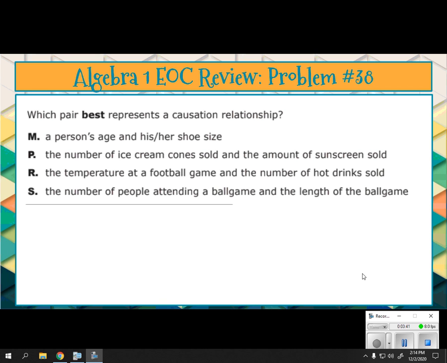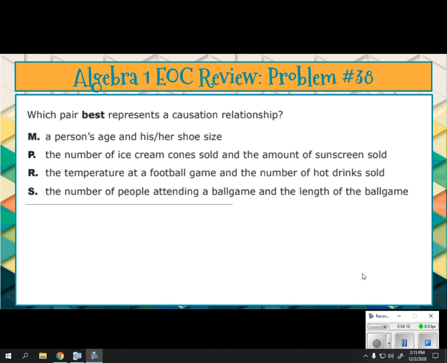So the temperature of the day and how much sunshine would have an effect on ice cream cone sales and sunscreen sales, but not necessarily, because if you talk to anybody that works at a McDonald's or a Dairy Queen, they sell pretty much just as much ice cream on some of the cold days as they do on some of the warmer days. It just depends on the person that's buying it.